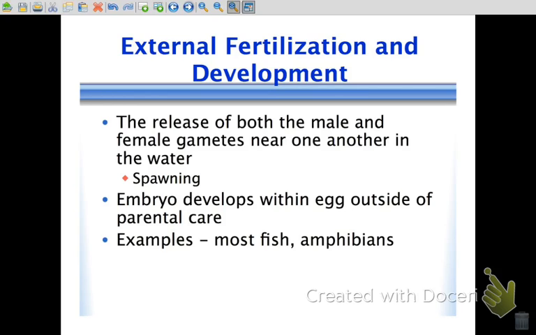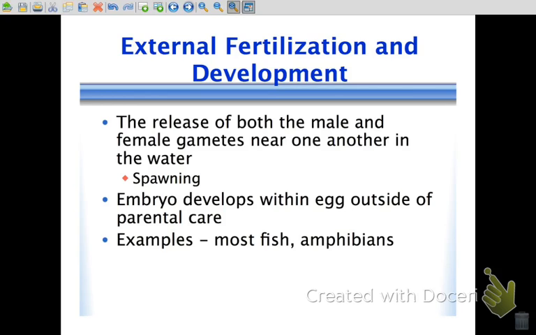And disadvantages to this is that you have to produce a ton of eggs and a ton of sperm because think about caviar. We eat the eggs, and so they haven't been able to be fertilized. So you're just throwing a bunch of eggs and sperm out in this area hoping they find each other.